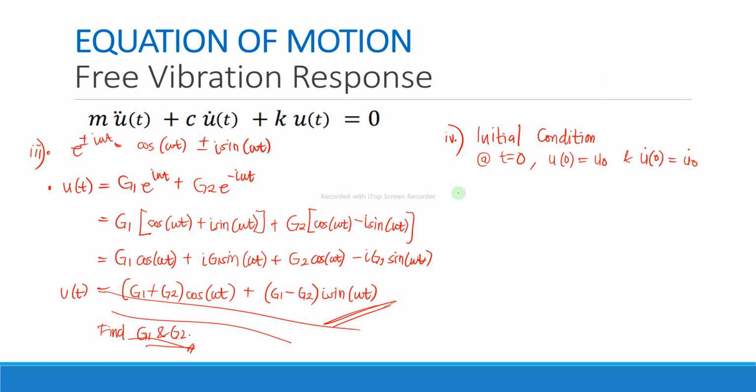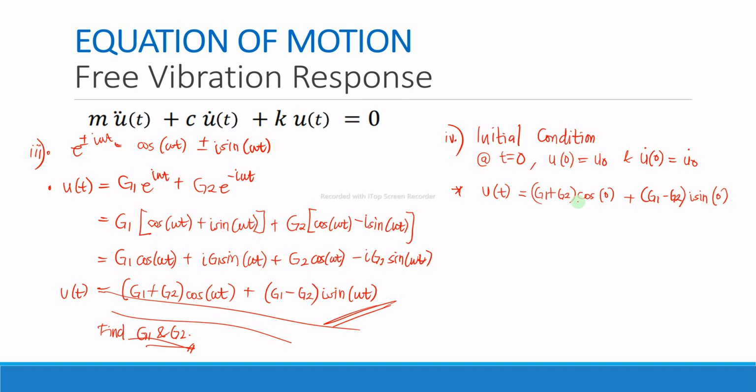So, to apply this, we have u of t is equal to g1 plus g2 times cosine omega t. So, omega times 0, because the time is 0, that is cosine 0. Plus, we have our g1 minus g2 times I sine 0.